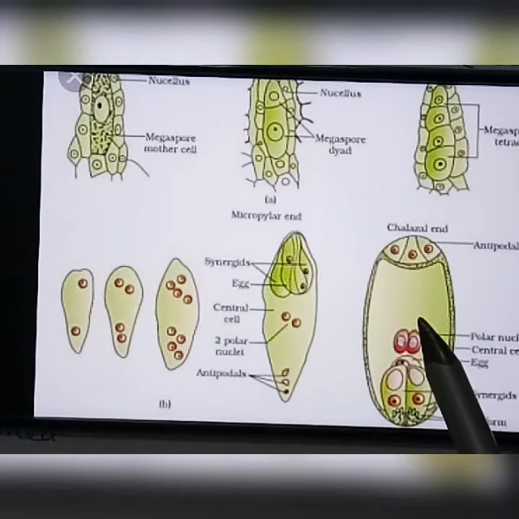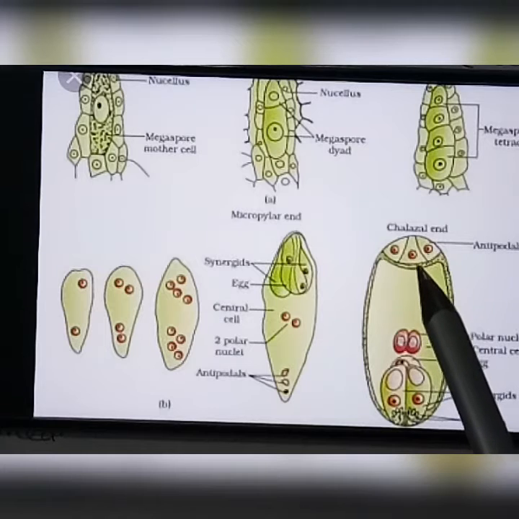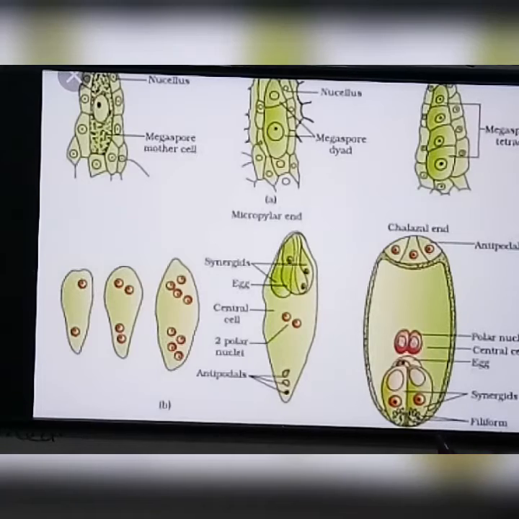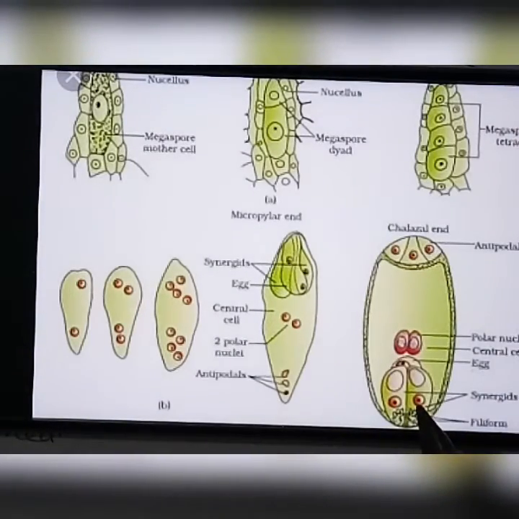Therefore, the central nucleus of the embryo sac becomes a diploid structure, whereas the cells present at the poles, that is the antipodal cells and egg apparatus, are haploid in structure. The egg apparatus consists of three cells, one central enlarged cell called the egg cell, whereas the remaining two cells are called the synergids.